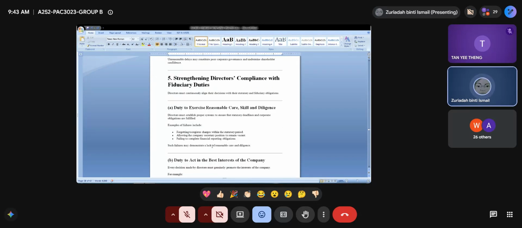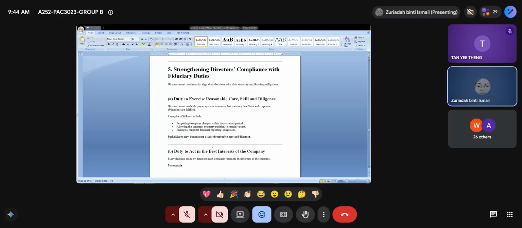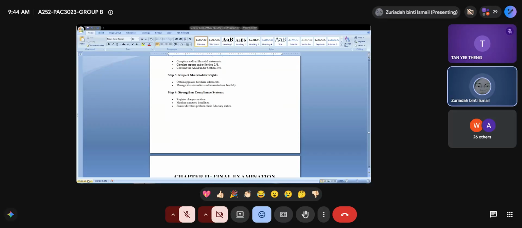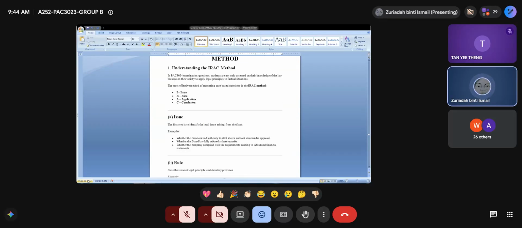The core duty is to exercise their duty with full care, within their skill and diligence, and whatever decision is made must be in the best interest of a company. This is among the matters. As I mentioned just now, not all questions fit the IRAC model.